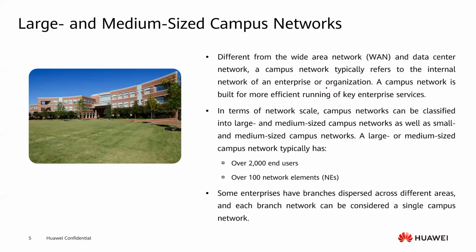So what is the large and medium-sized campus network? I think you were introduced to it yesterday. We can separate networks into different types based on the number of terminals and network elements. If the end users are over 2,000 or the network elements are over 100, we can recognize this kind of campus network as a large and medium-sized campus network.